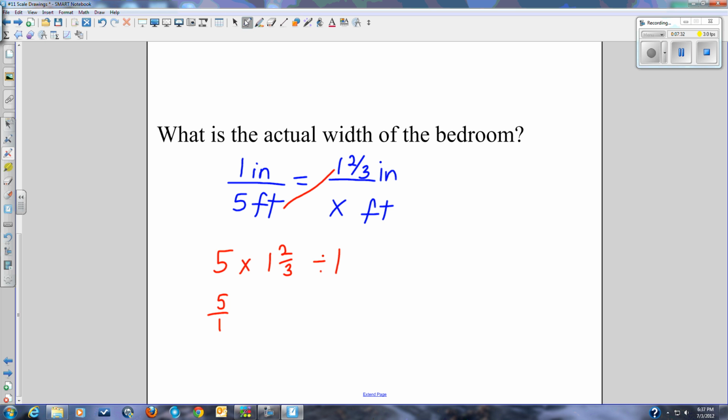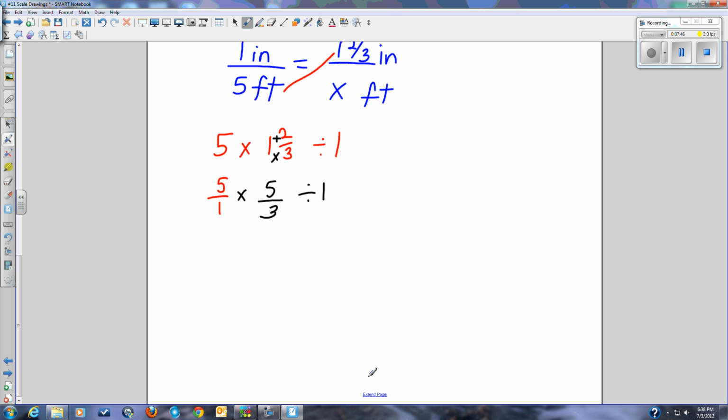So you're actually going to say 3 times 1 is 3, and add 2, so we get 5. We'll write our answer as 5/3. Then we'll write down the rest of the problem. To do this part, 5 over 1 times 5/3, we'll multiply right across. 5 times 5 is 25. 1 times 3 is 3. So we have 25/3 divided by 1.